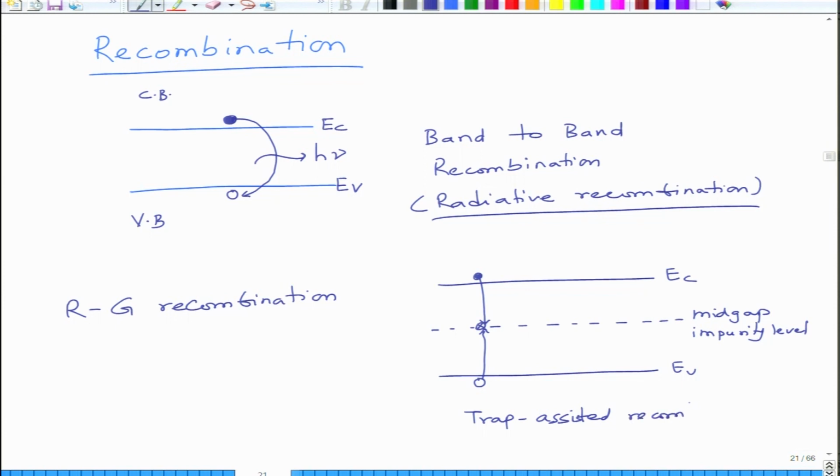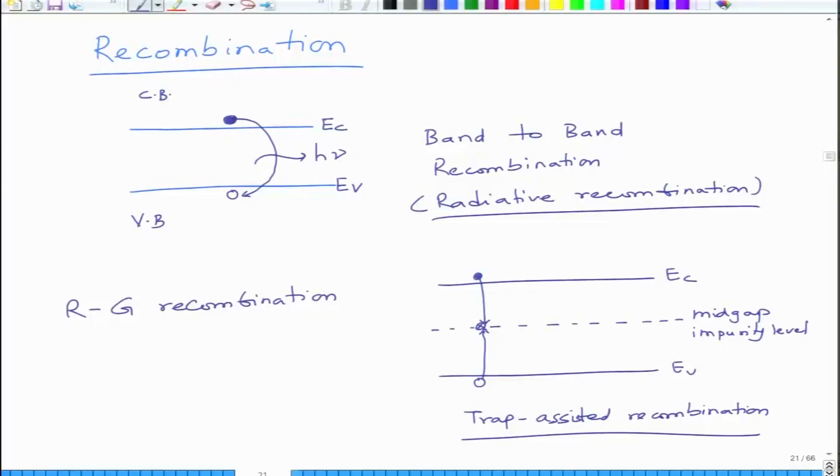This is a very common mode of recombination because impurities are present. It could be an impurity, it could be a defect, for example vacancies or dislocations. All of them create defects at the mid level. Every defect has a certain energy level, and when you map that energy with respect to the conduction and valence band, it is often in the mid gap position, and that helps in carrier recombination.